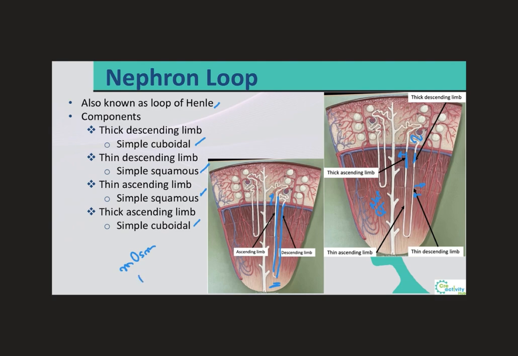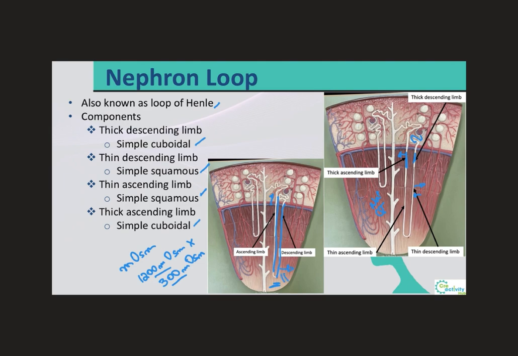So 1200 milliosmoles for the interstitial fluid versus 300 milliosmoles for plasma. Therefore, this high osmotic concentration surrounding the nephron loop results in an osmotic flow of water out of the nephron.